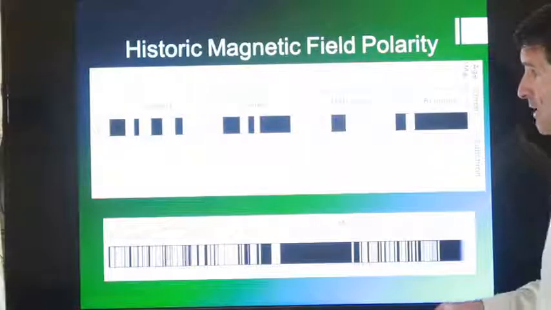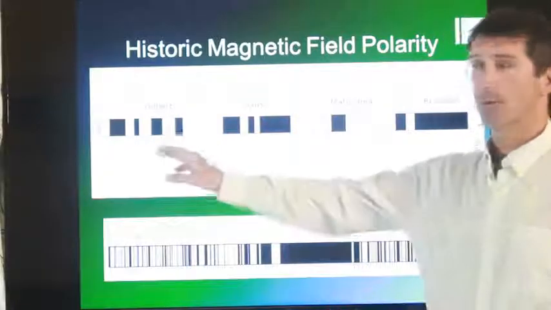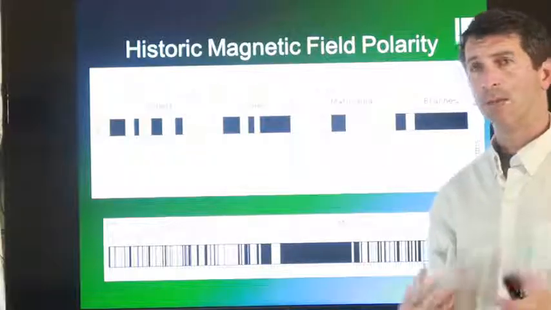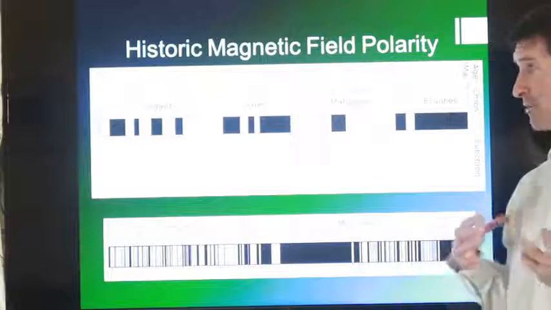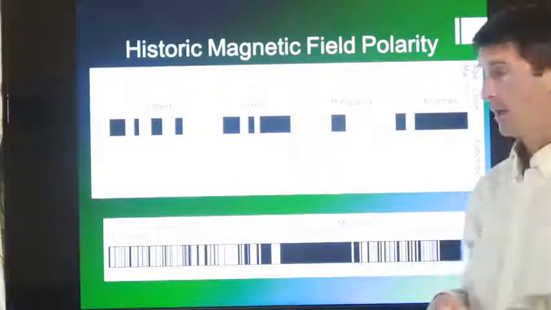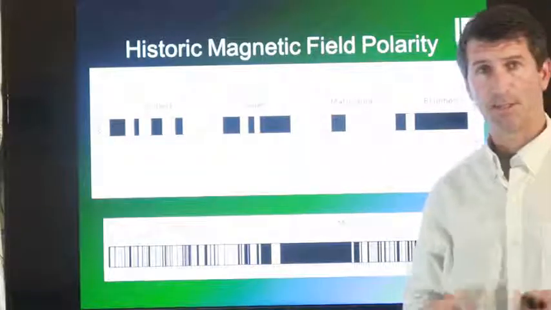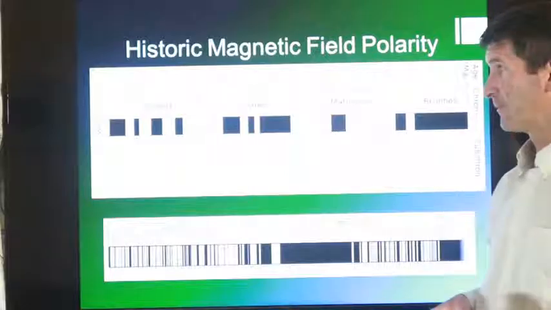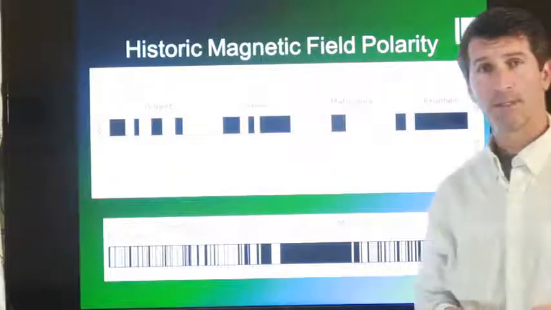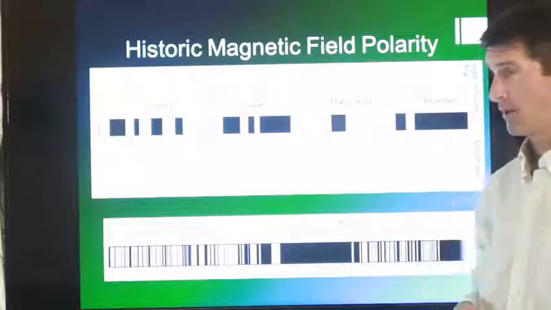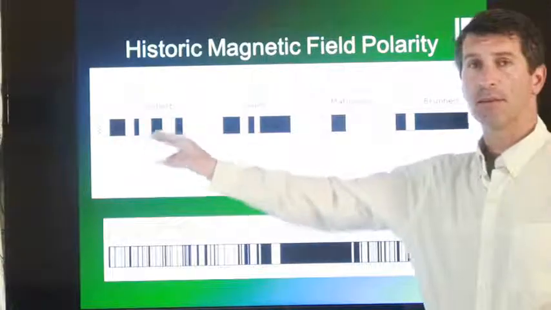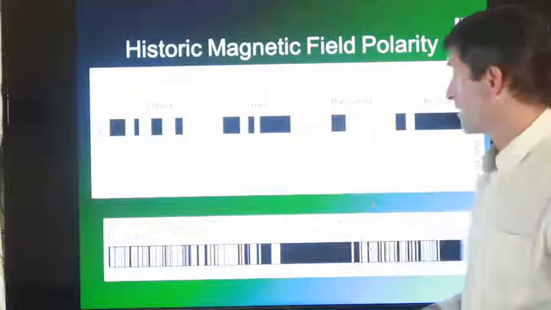But again, you can see very clearly, and this has been recorded in rock, any rock that contains iron will actually record the magnetic field at the time that this rock was cool. So basalt, for instance, has a large iron content in it. We look at the magnetic orientation, the magnetic polarity of basalt rock, especially on the ocean floor. We can see that it switches polarity every so often.